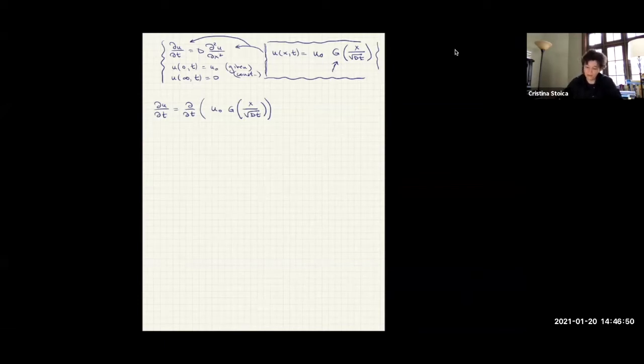Good. So I'm doing the derivation here. U naught is a constant, and then I have to do the chain rule.